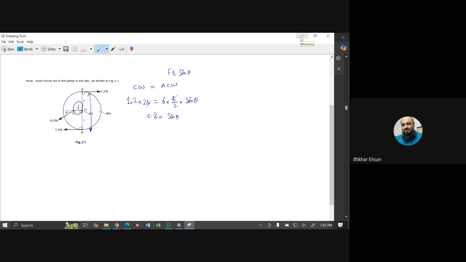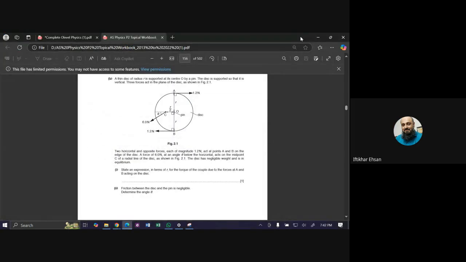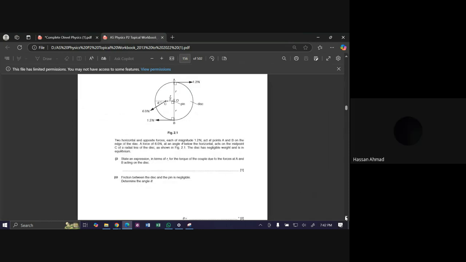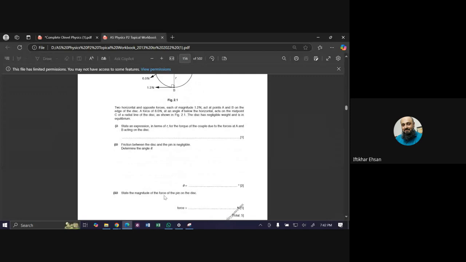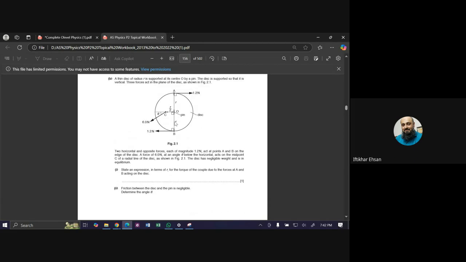Okay, that's good. Now we are moving on. So I hope this one is clear. Should we move to the next part? Yes, sir. So it says state the magnitude of the force of the pin on the disc. So beta, who was applying this 6 newton?